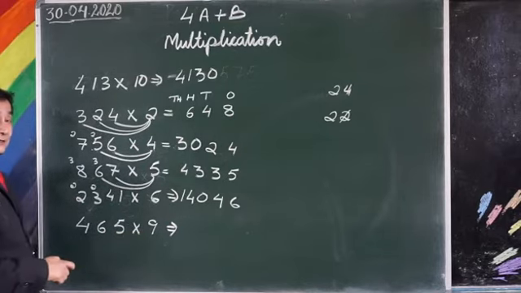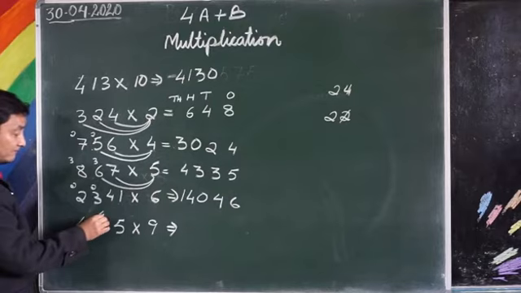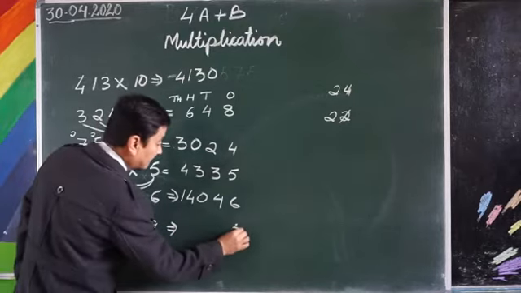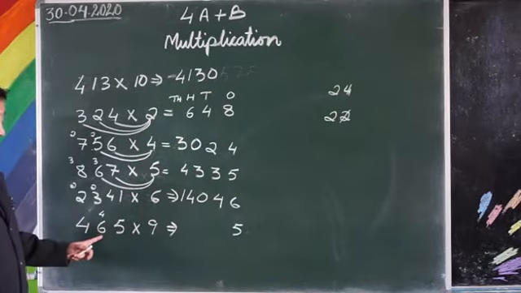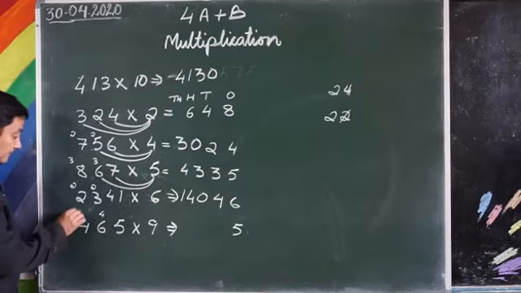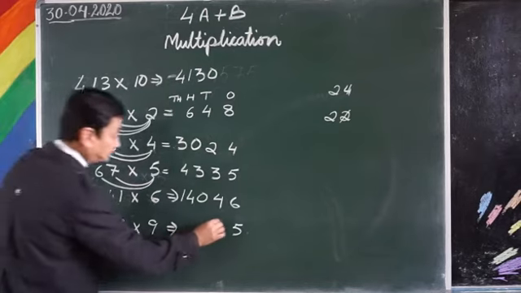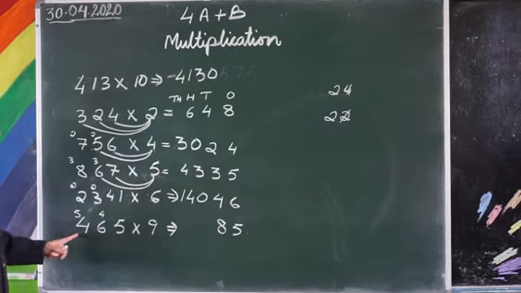9 5s are 45. Let's write 4 here, 40 and 5. 9 6s are 54. 54 plus 4, 58. 9 4s are 36.